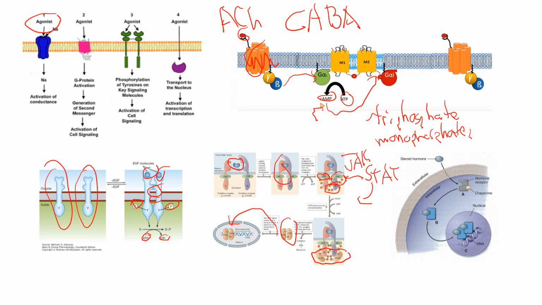The final major type of receptor are intracellular receptors. These are proteins that just exist inside the cell that wait for a molecule, a ligand of some sort, to cross the membrane and bind with them. These are a little less common. These are also used in transcription a lot, and usually the reason why is it's very hard for most molecules to cross the cell membrane on their own without a channel. So what these usually are is steroid hormones.